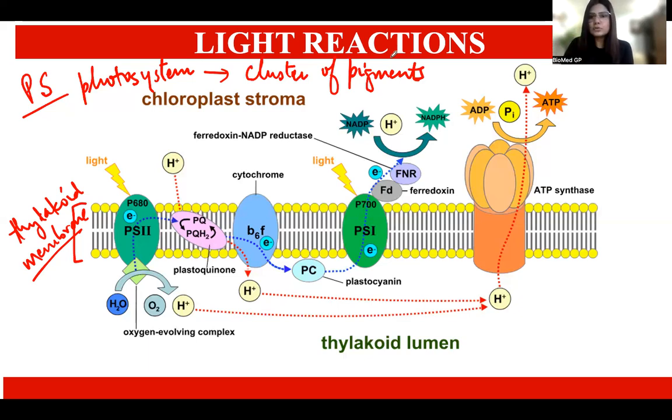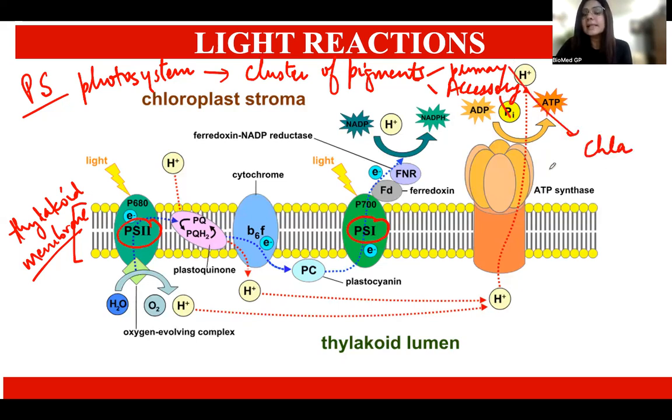There are two photosystems involved in the light reactions, in the thylakoid membrane: photosystem 2 and photosystem 1. These two photosystems are clusters of pigments. What kind of pigments? Two kinds: the primary pigment and the accessory pigments. The primary pigment is the pigment which has the main role in the electron transport chain, and that is the chlorophyll A molecules.